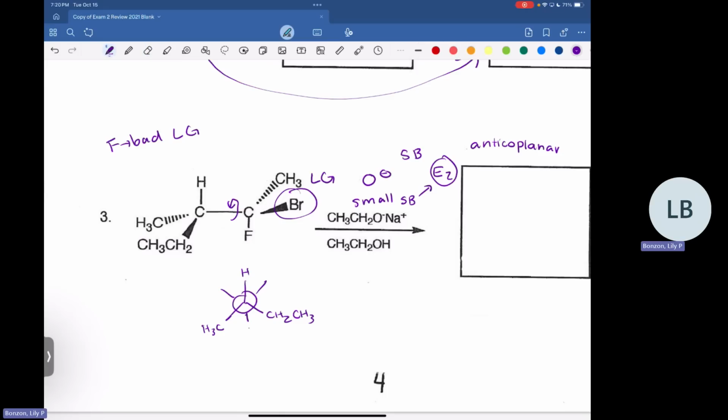So right now, we have this structure where the hydrogen and the fluorine are opposite. But since we know fluorine isn't going to be a good leaving group, we're going to have to rotate this so the bromine is basically where the fluorine is right now. So we're just going to rotate. I'm going to keep the front bond the same.